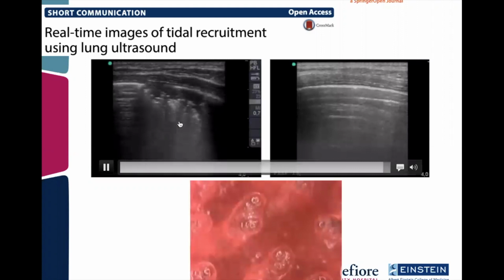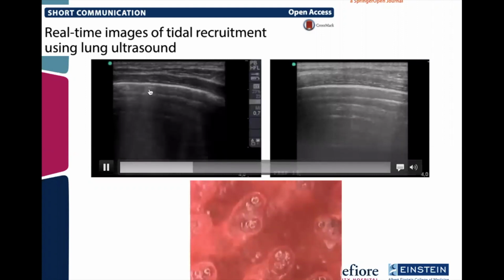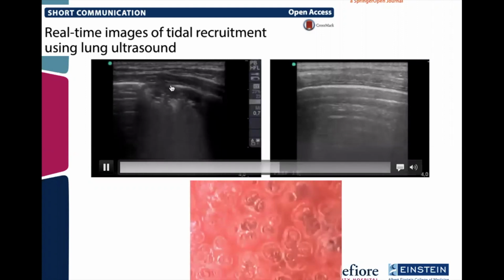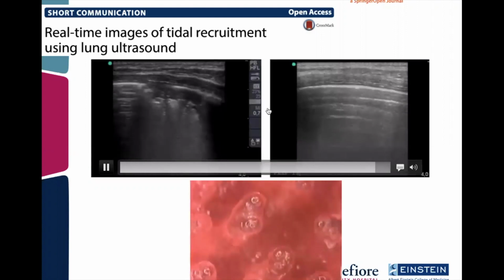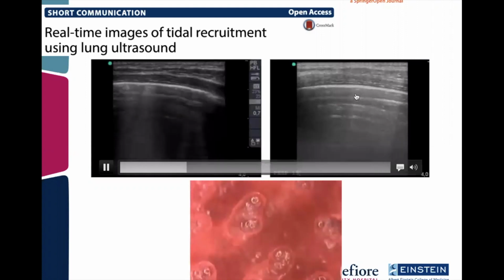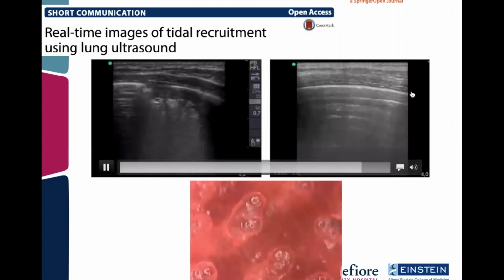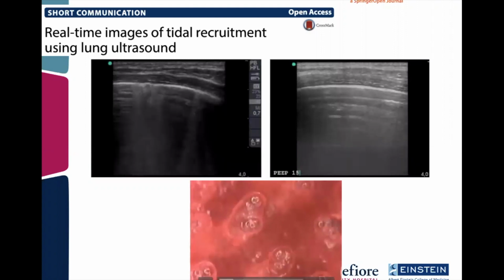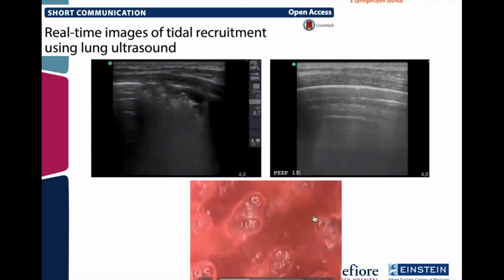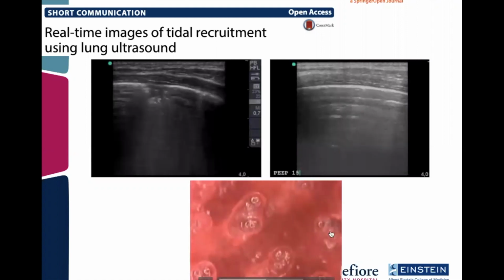We see right here recruitment with restoration of the consolidation, and here the consolidation appears again. And here, following a PEEP titration adjustment, we see that there's no more consolidation. And at the bottom here is a video of alveoli opening and closing cyclically, atelectrauma in real life.